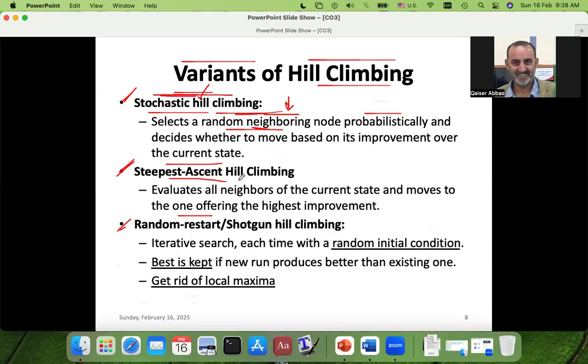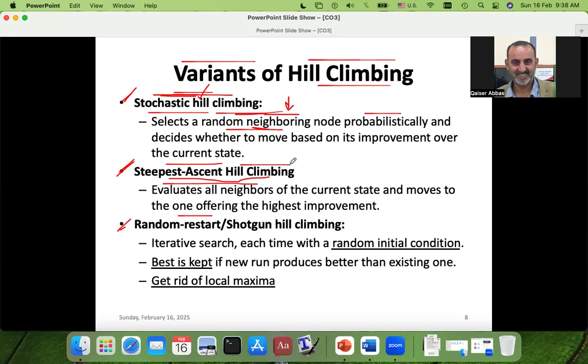Now, steepest ascent hill climbing. It is again hill climbing; ascent and descent. Descent is moving down, ascent is moving forward.